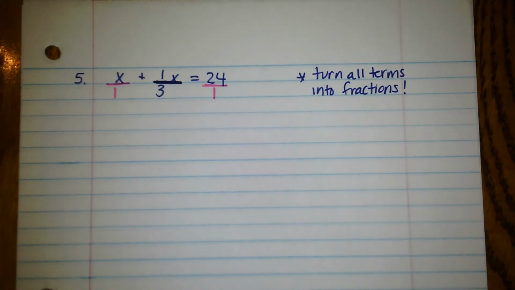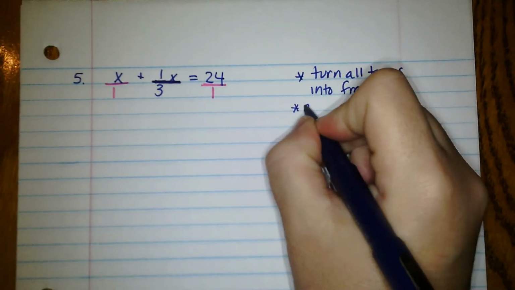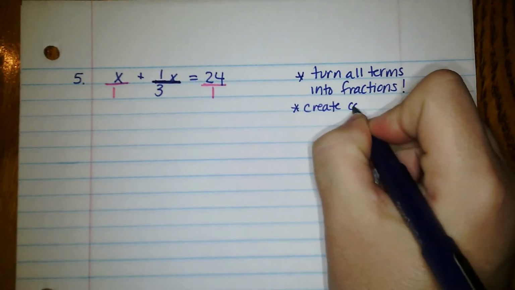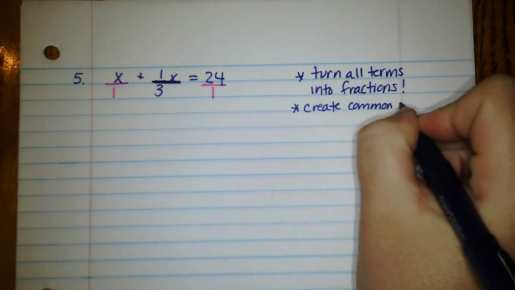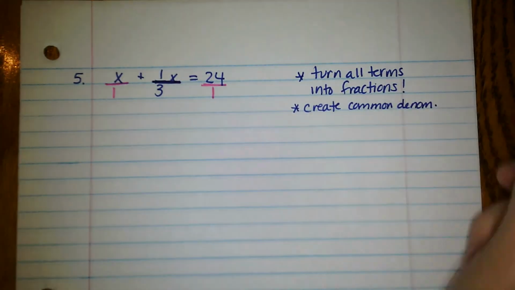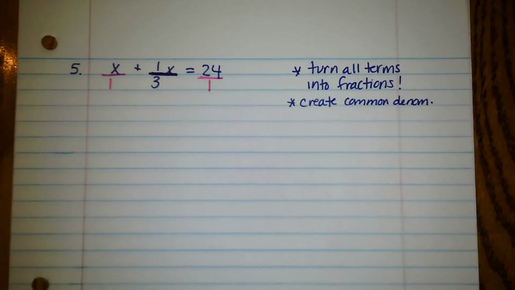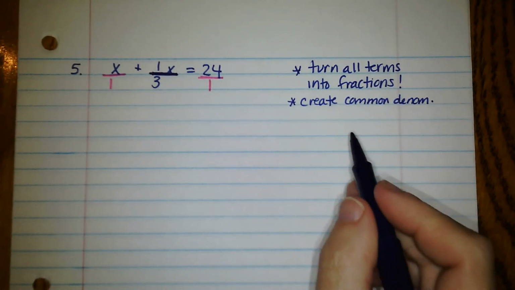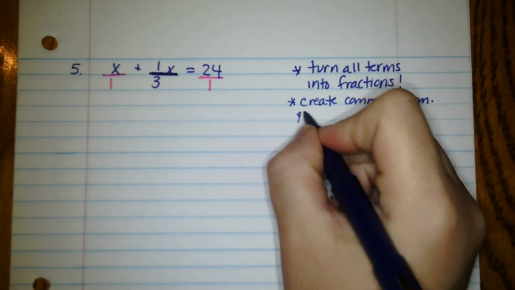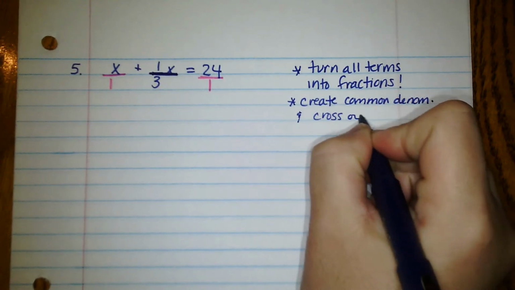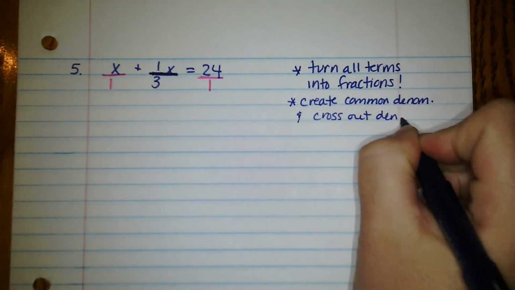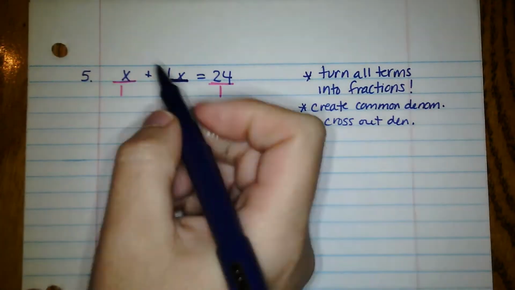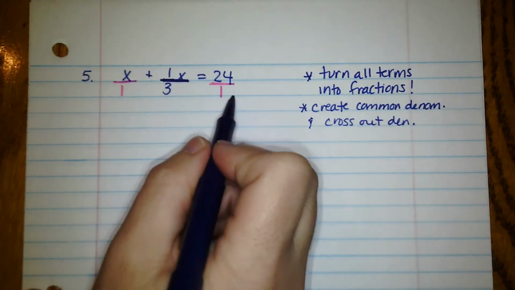After we turn all of our terms into a fraction, we're going to create a common denominator. And after we create a common denominator, we can cross out the denominator. So we've got 3, 1, and 1.